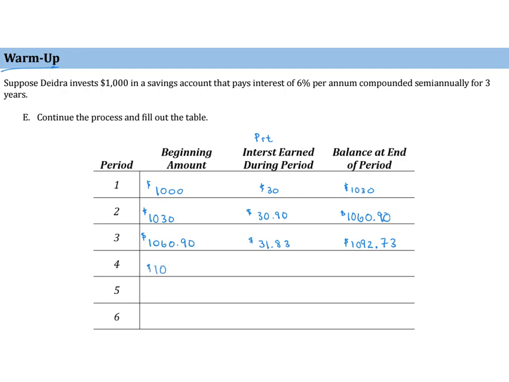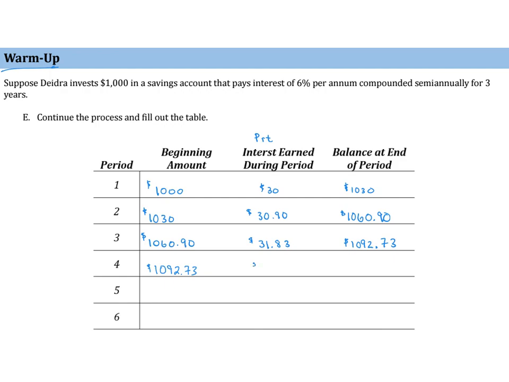So we take 1,092.73 and we use our principal times rate times time, and we multiply that by 0.06 times 1/2.